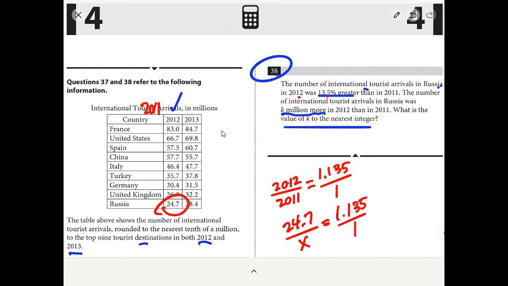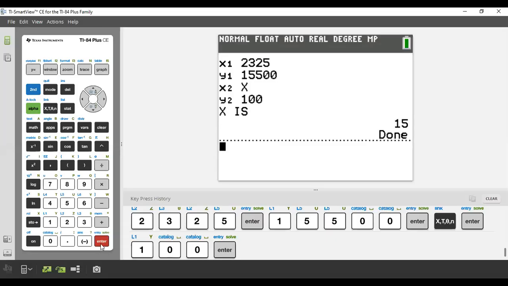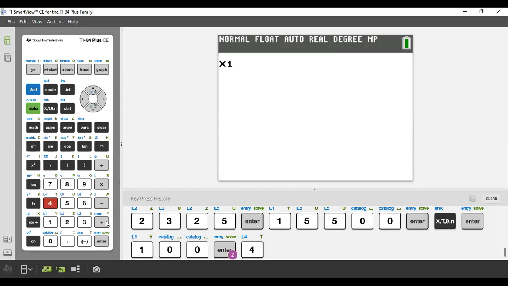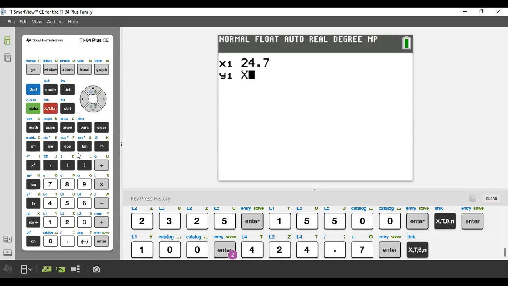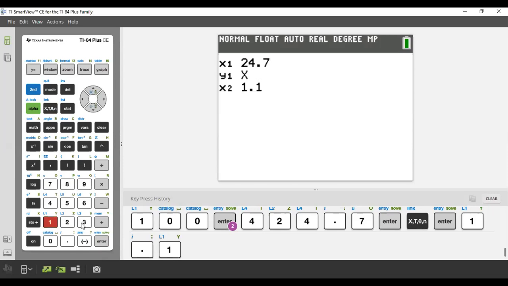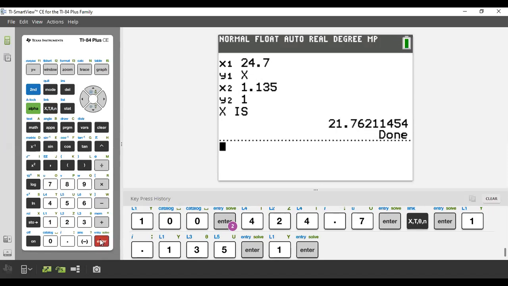So all we would do for the proportion, I don't know how many times we've used this feature, we could press enter, we could do proportion, we can go 24.7 over X, that's 2011, equals 1.135 over 1, and then we go enter, and it says that in 2011 there were 21.8 million people who entered Russia.